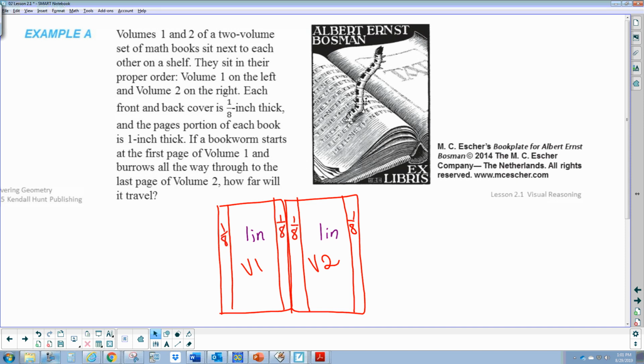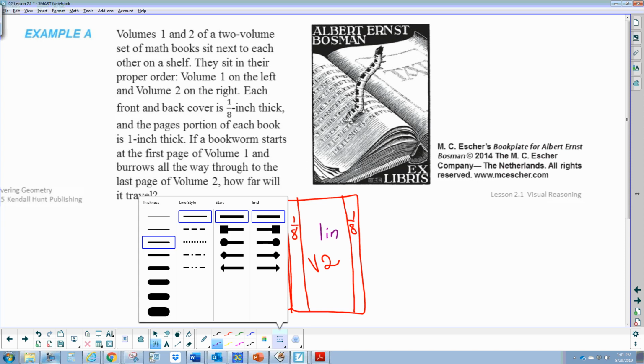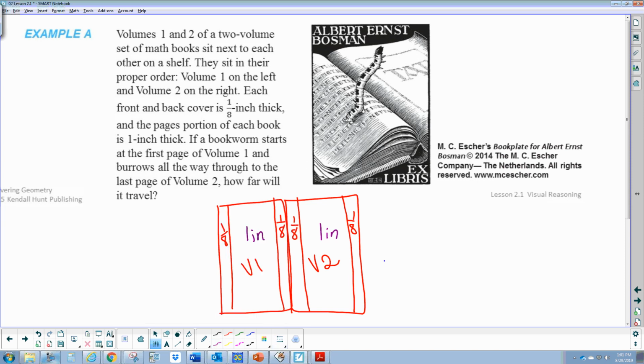If you can label the first page and the last page of each book, then you'll be able to more accurately visualize your picture. Okay, so let's look at this first book. If I pull this book off the shelf and I open it up, this is actually the front cover, right?